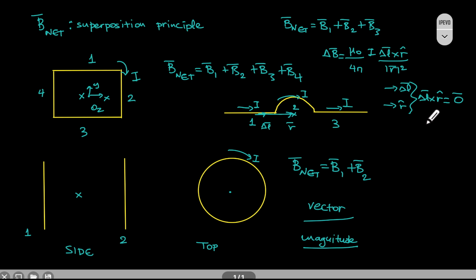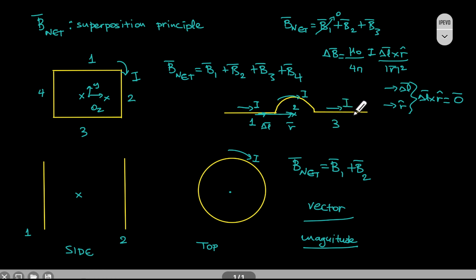What this means, if you plug in a 0 for the cross product, you get a 0 for the magnetic field. If you add all the contributions to the net magnetic field here at the observation location from wire 1, you will get exactly 0, because for all of them, r hat and delta L point in the same direction. For all of them, the cross product will give you 0. Now, this means B1 is exactly 0.